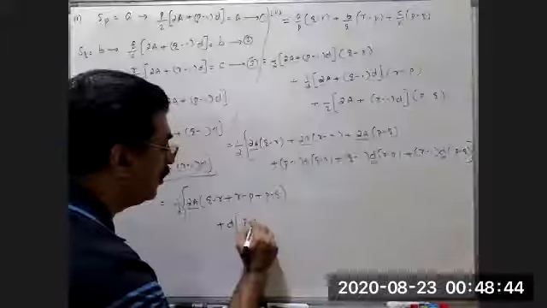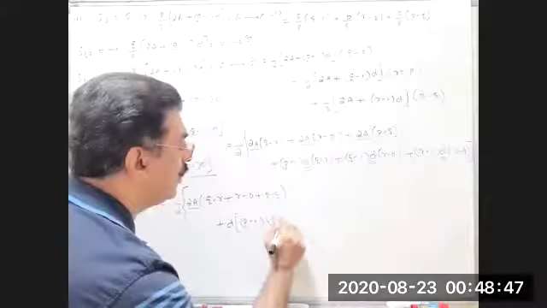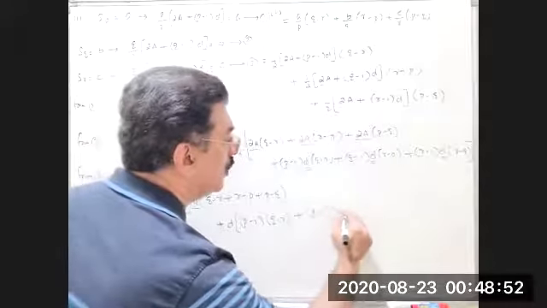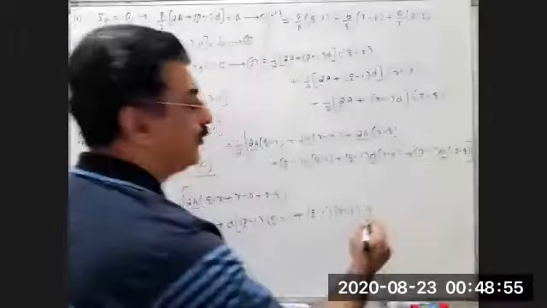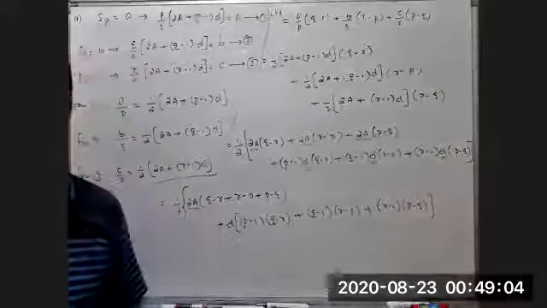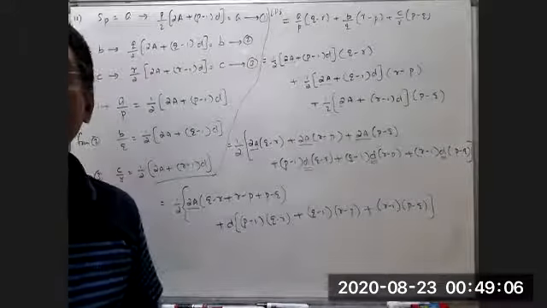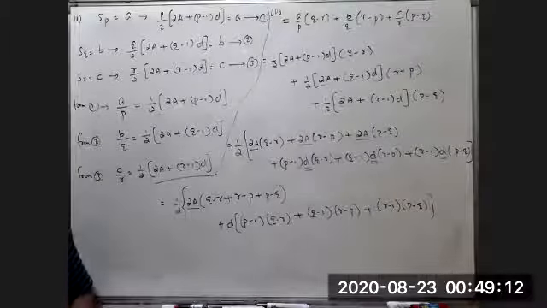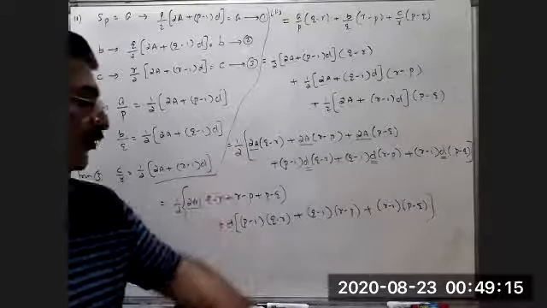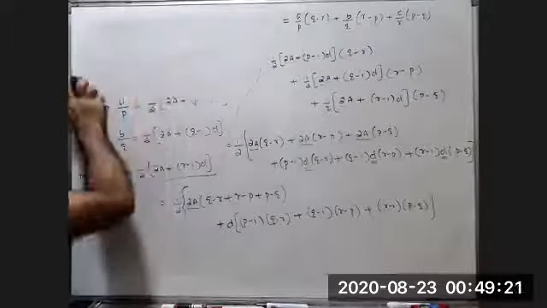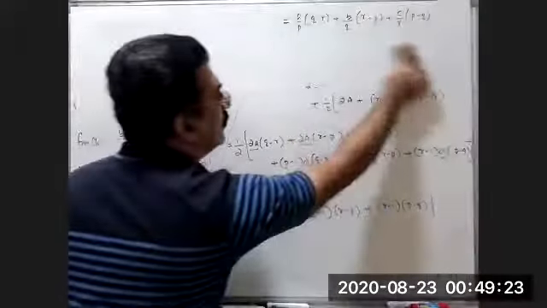Left out is P minus 1 into Q minus R plus Q minus 1 into R minus P plus R minus 1 into P minus Q. These terms are slightly lengthy, but the question is not difficult. We took terms of A out, then we took terms of D. We collected terms of A, then terms of D.